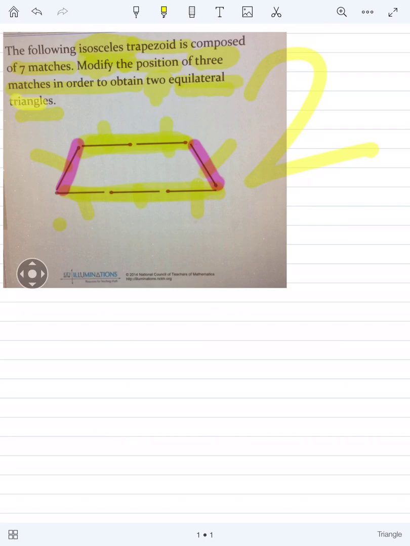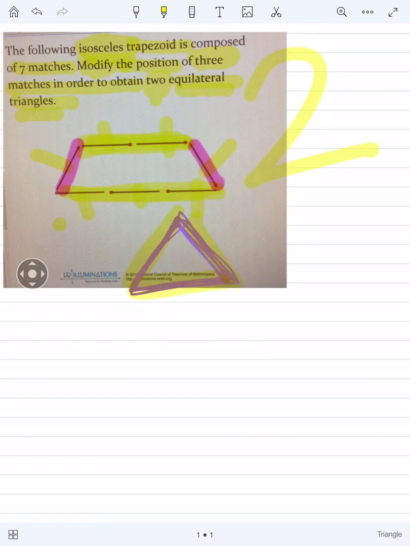Do you know what equilateral triangles are? Let me try drawing them. Equilateral triangles are triangles that have all the same sides. Every side is the exact same length. So the one I drew, this side is the exact same length as this side, which is the exact same length as this side, which means all 3 are equal.